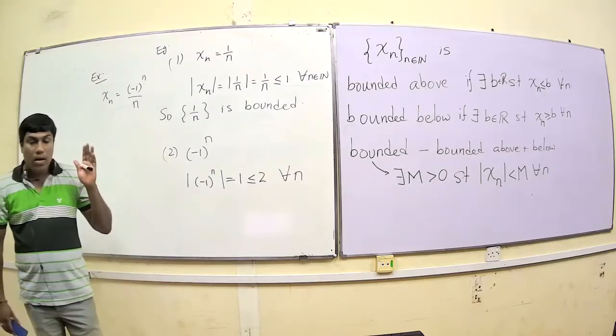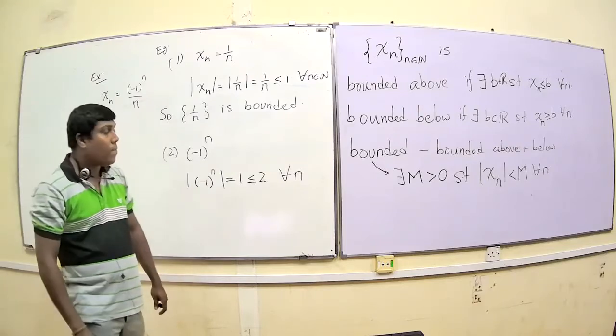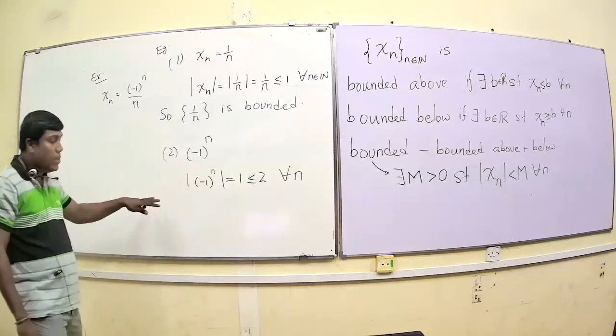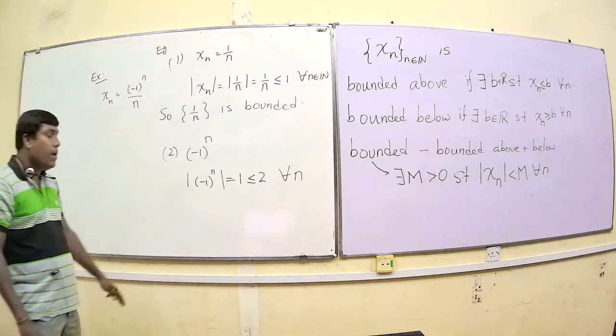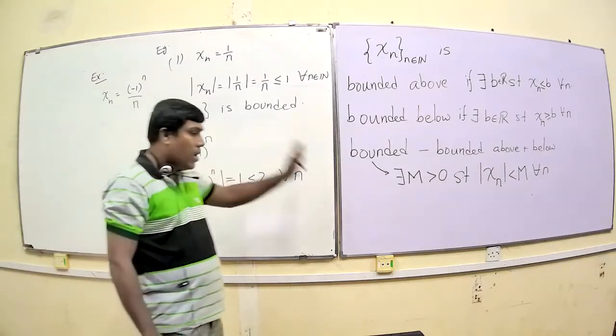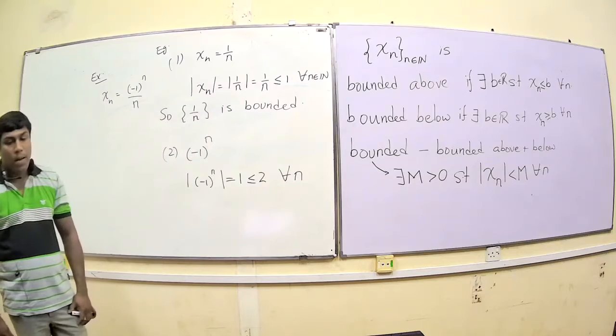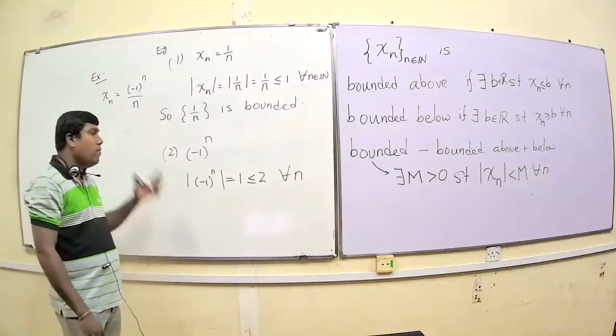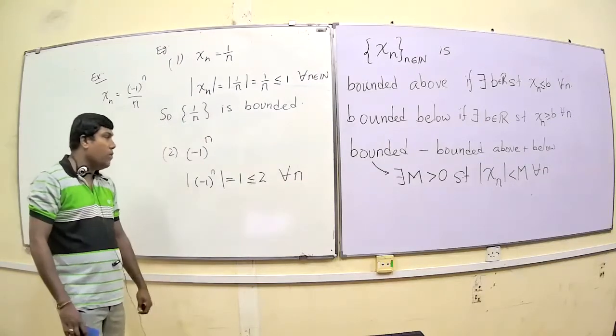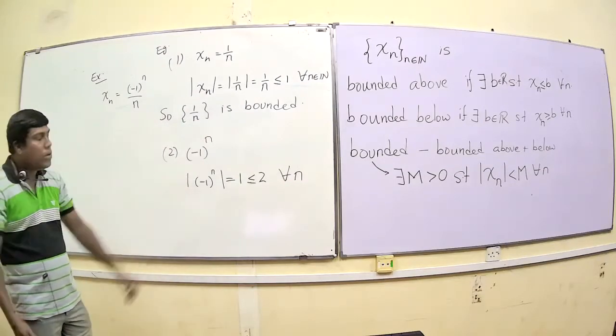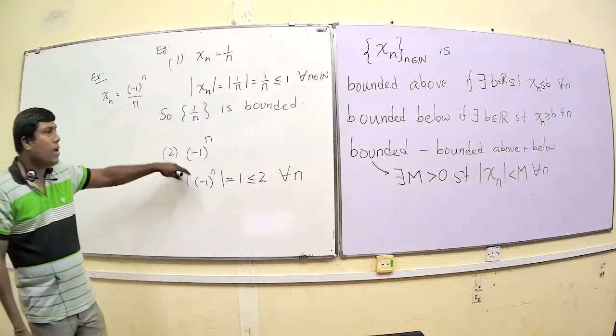We have seen examples for that, and we saw when n goes to infinity, the sequence goes to some number. And then we saw that when n goes to infinity, the sequence does not go to a number, so it does not have a limit.